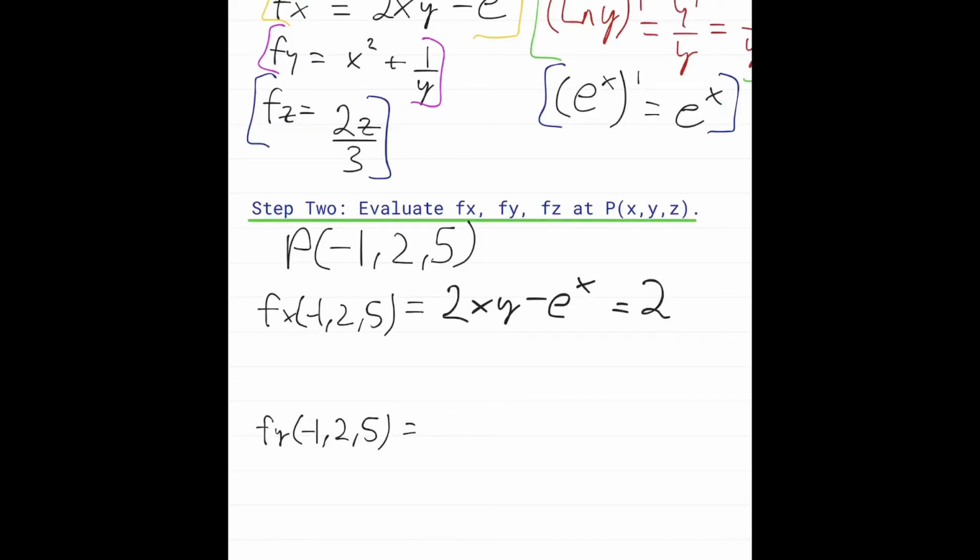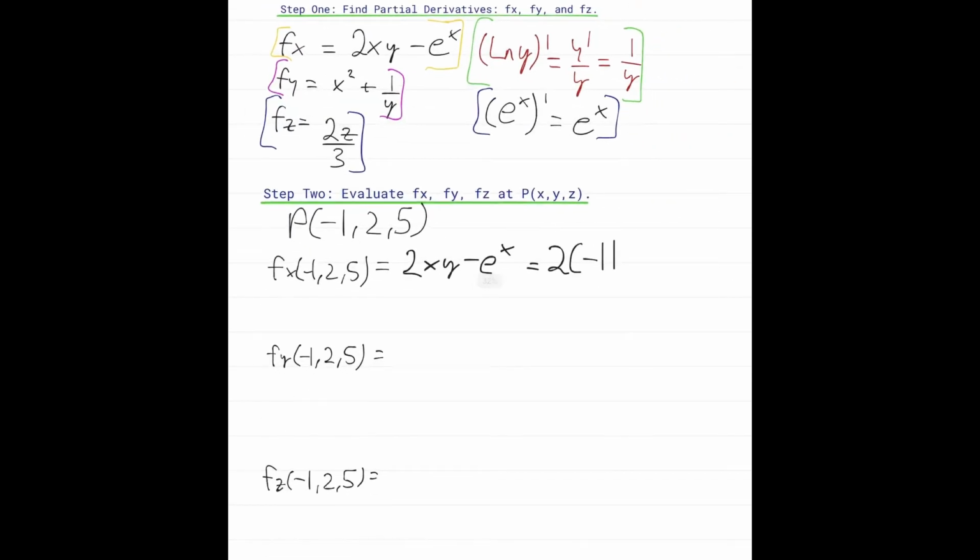So in this case, we plug in 2, x is -1, y is 2, minus e to the x. E to the x would be e to the -1.